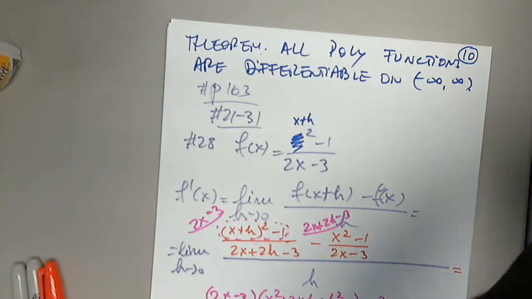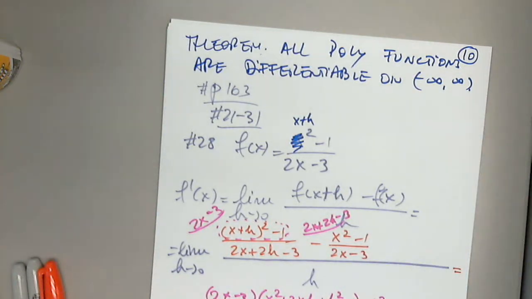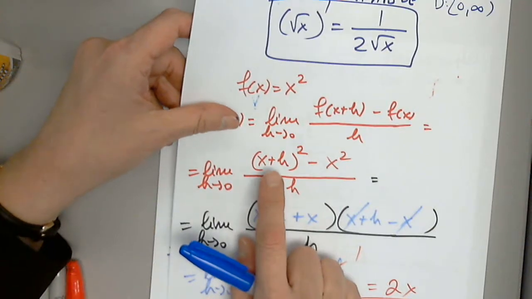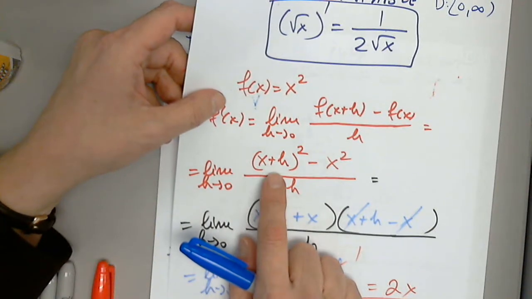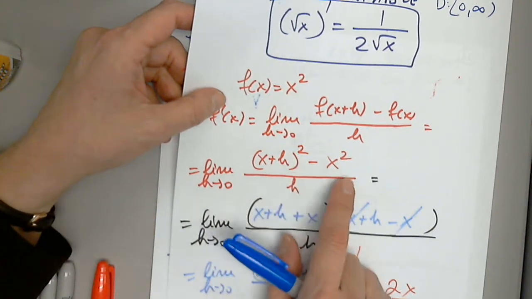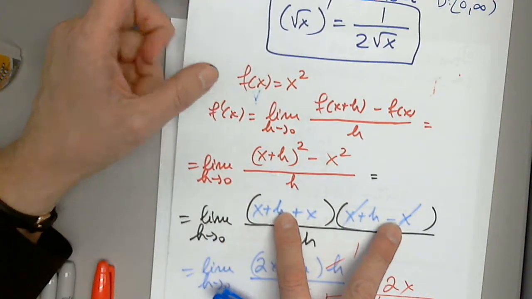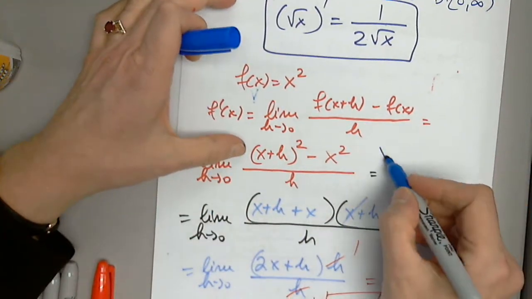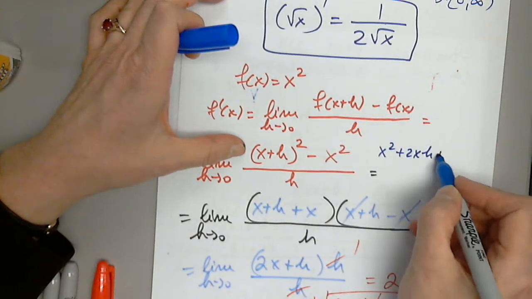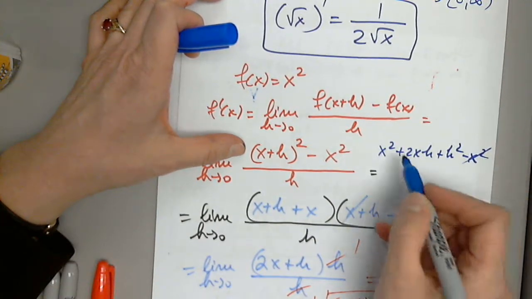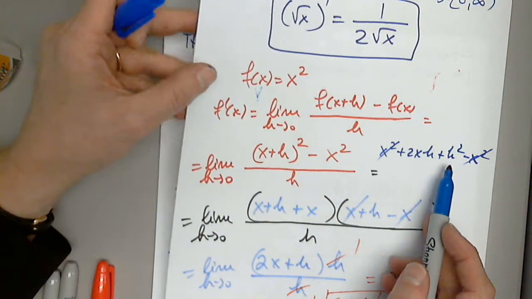In the previous example, I know exactly what you're referring to. We could have written x squared plus 2xh plus h squared minus x squared, and we would have gotten the same thing by factoring h.